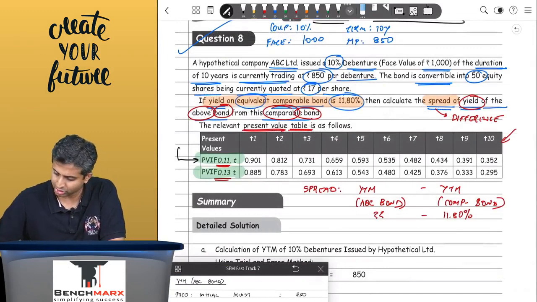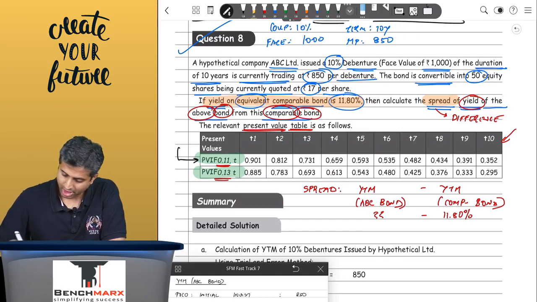Well, if I take the totals over here: 0.901, 0.812, 0.731, 0.659, 0.593, 0.535, 0.482, 0.434, 0.391, 0.352, and hence I guess this is 5.89.